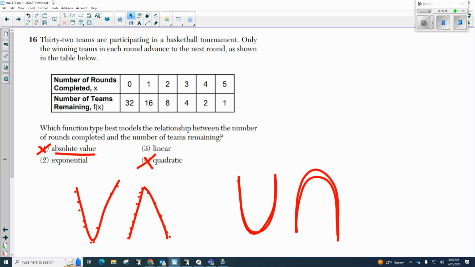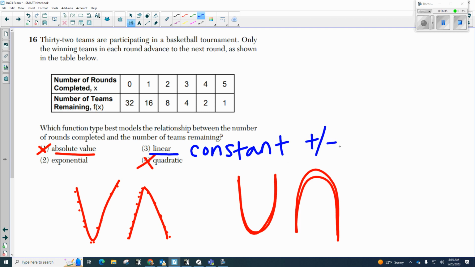That leaves us with linear and exponential, and we talked about those a lot. Remember, a linear has a constant rate of change. Okay, it's adding or subtracting the same number each time. And then exponential is going to be multiplying or dividing each time.